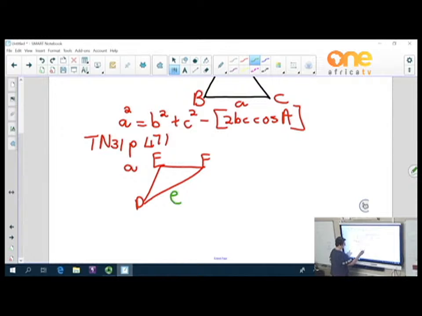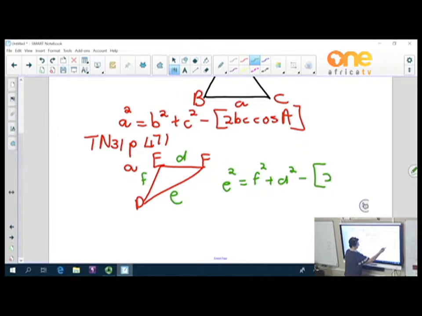So this will be E, this will be D, and this will be F. So for instance, if I want to calculate E squared now, it will be F squared plus D squared minus in brackets 2FD cosine E, it's always back to this one, cosine E.